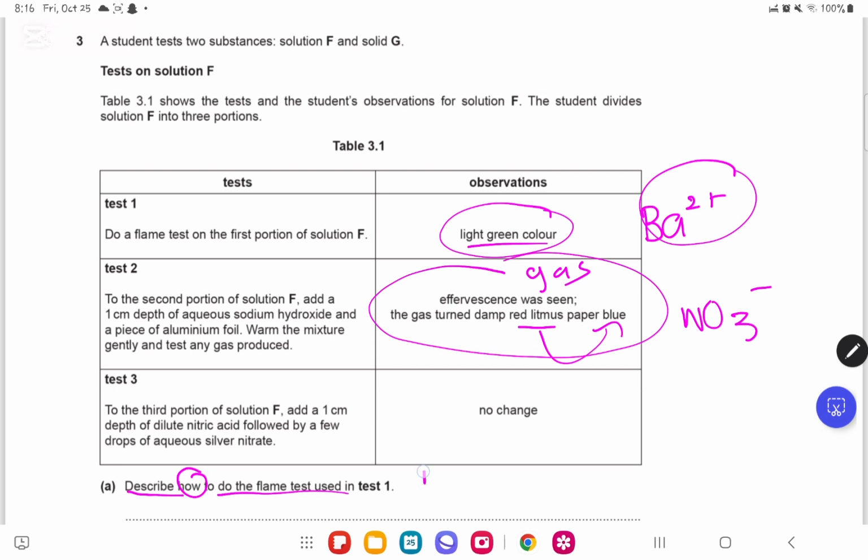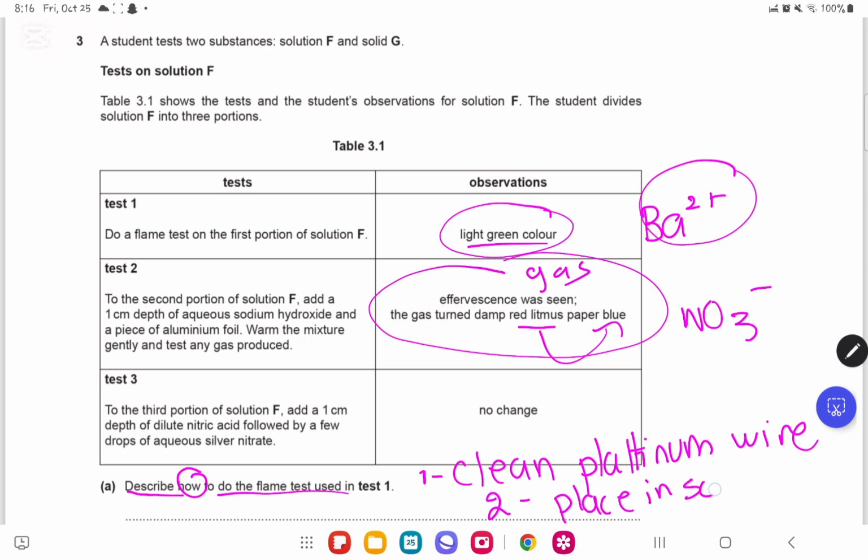So here we're going to say step 1, clean platinum wire. Step 2, place in solution. And then step 3, check flame color.